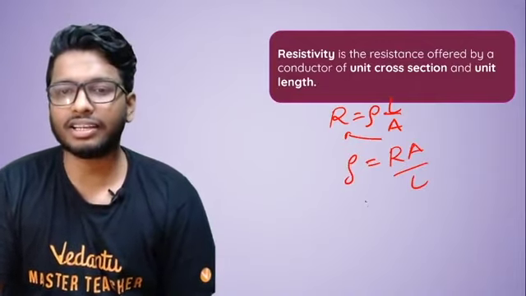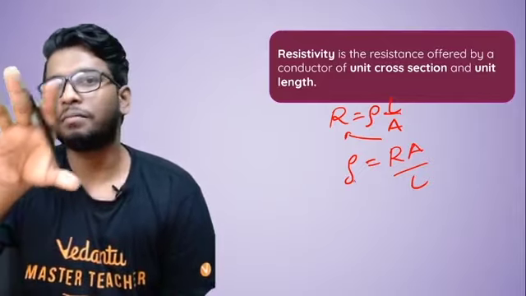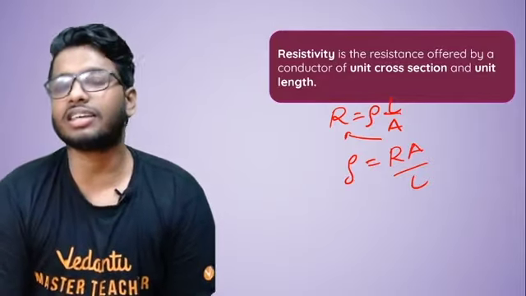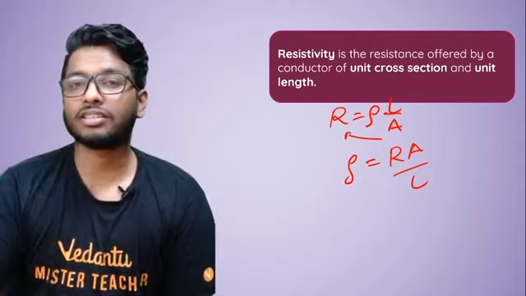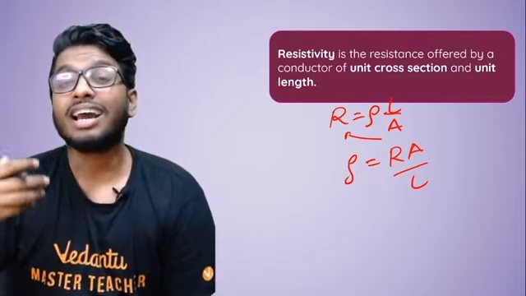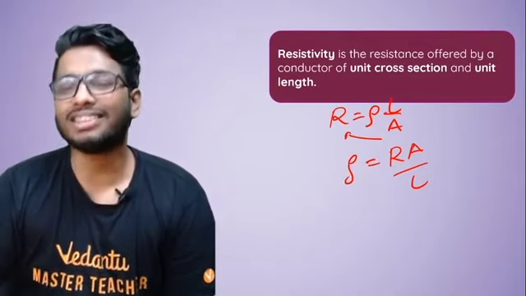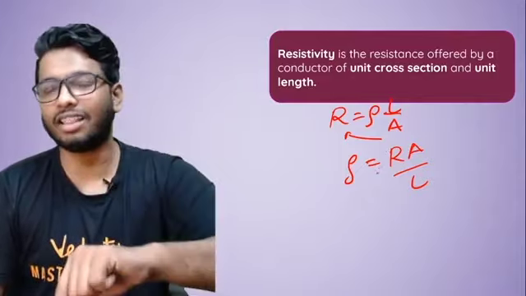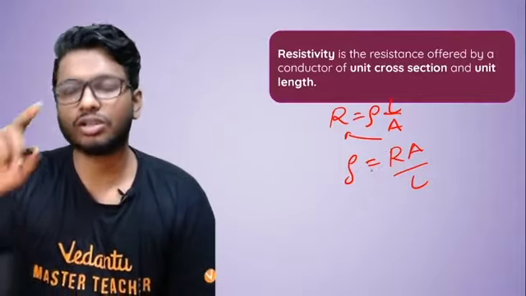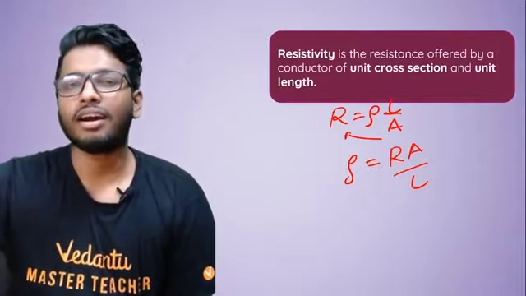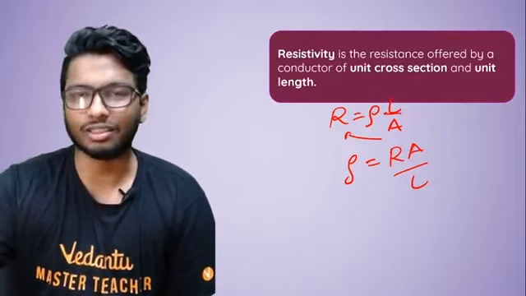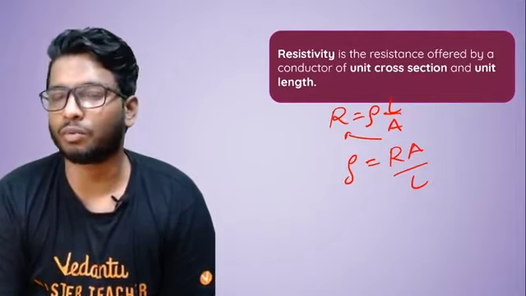Simple arithmetic again. So resistivity is the resistance offered by a conductor of unit length and unit cross section, that is 1 meter square by 1 meter length. By doing that, I'll be able to find out the resistivity.